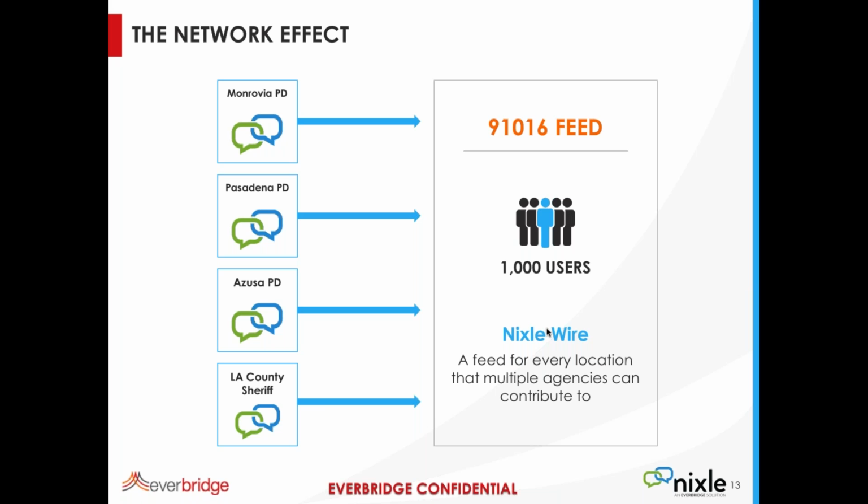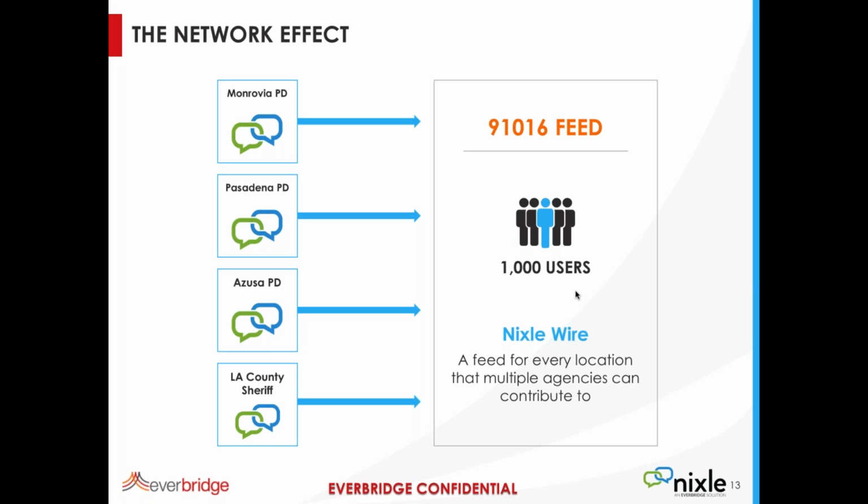The concept is you join basically a zip code, and the Nixle Wire is that feed of all of the public safety information that's going into that zip code, right? So you can imagine all 4 of these agencies share these 1,000 users. They all have access to these 1,000 users. So this is really powerful if you consider, imagine a 5th or a 6th agency comes on board with Nixle. They will immediately have access to those 1,000 users, right? You're never starting at 0.